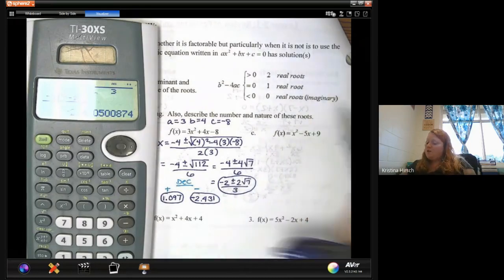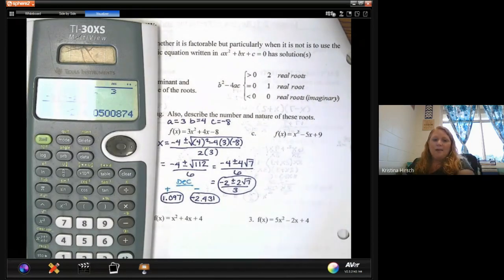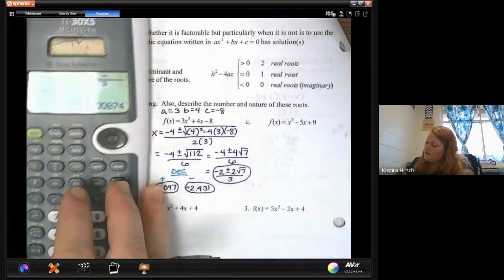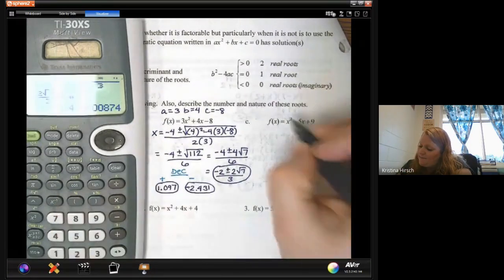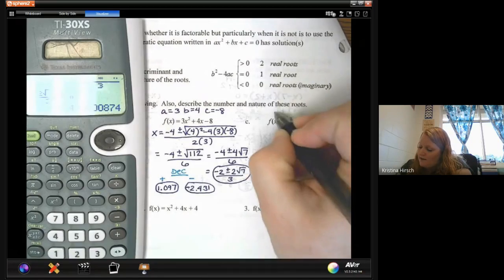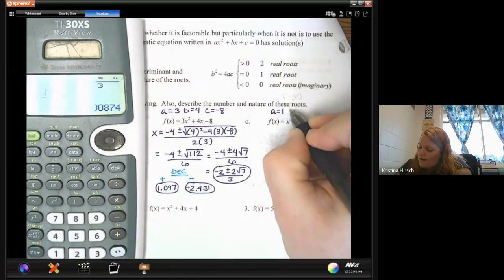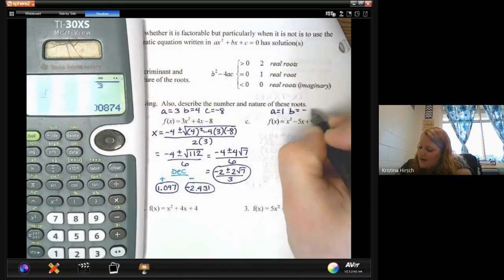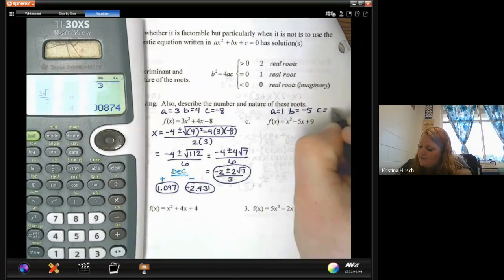So one last example. On this last example, remember, if there's not a number in front, if there's not a coefficient, it's 1. So A is 1, B is -5, and C is +9.